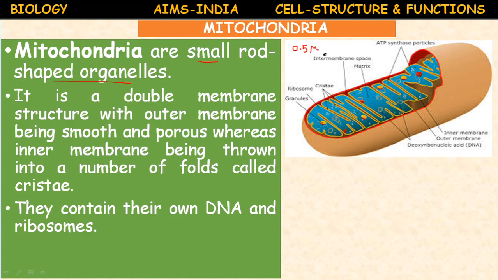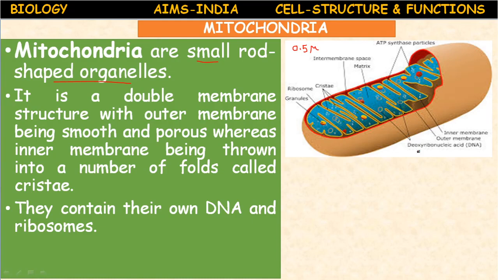It is about 150 times smaller than the nucleus, and their number also varies in different cells. On average, 100 to 150 mitochondria are present in each cell.